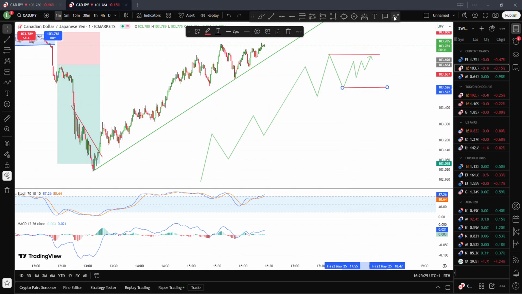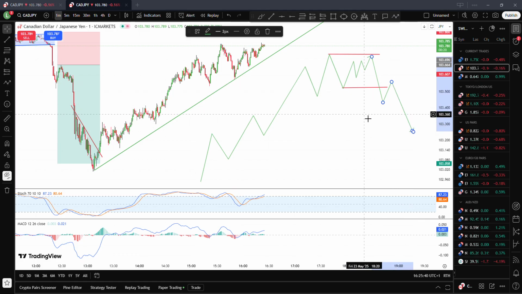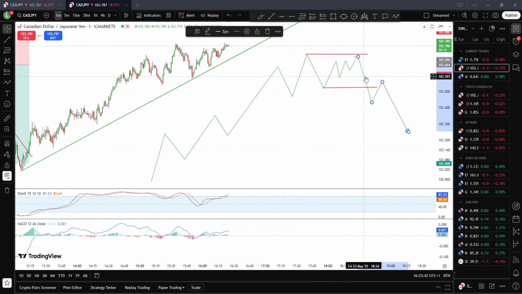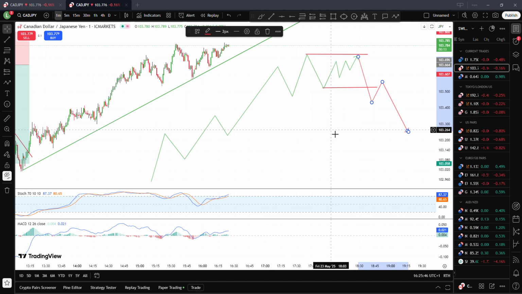So we'll be looking for something like this: a break, a retest, and a break to confirm our downward bearish trend. So that would be our bearish market structure.